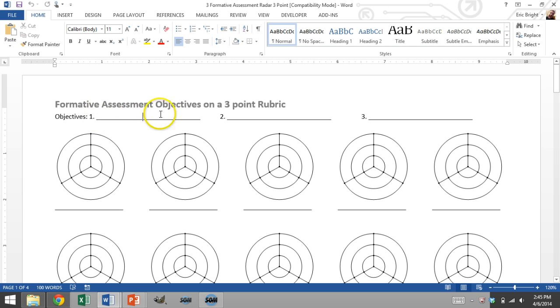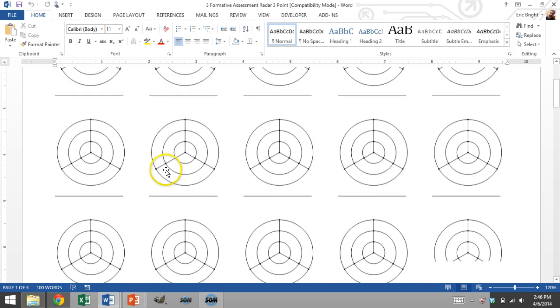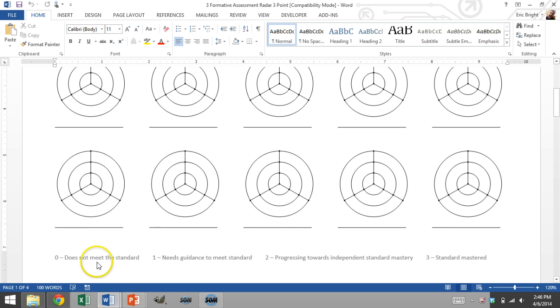I might say question 1 was the 400 versus the 40, and question 2 was the generalized writing question. Okay, and so then on this radar, the center would represent 0, and then the outer circle would represent 3. So you got 0, 1, 2, or 3. And then at the bottom here we tell you what those mean.